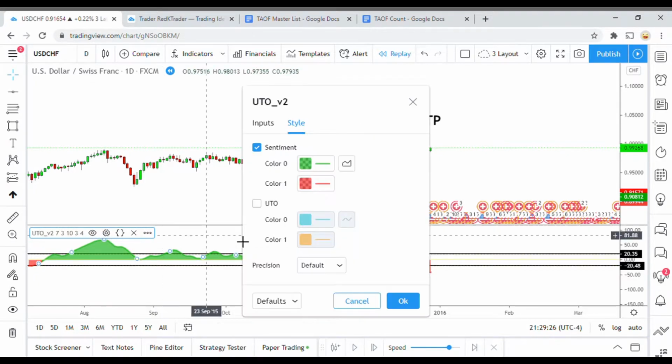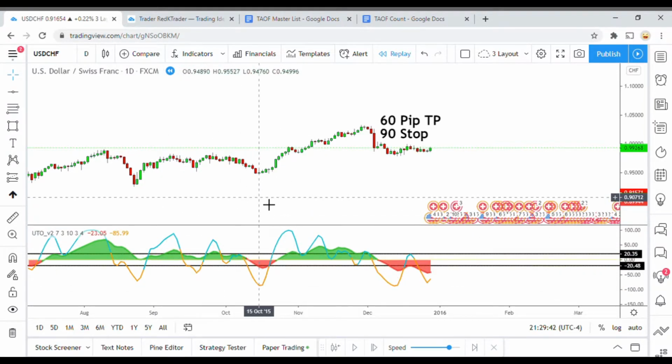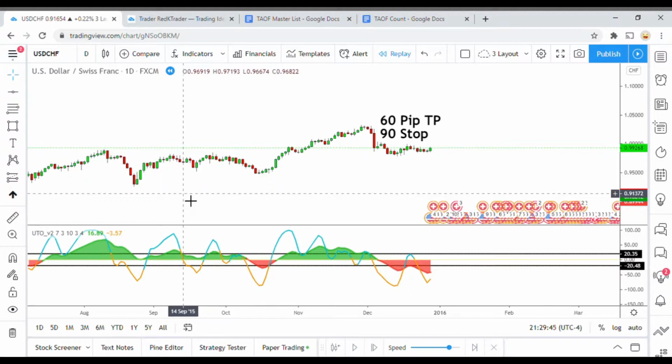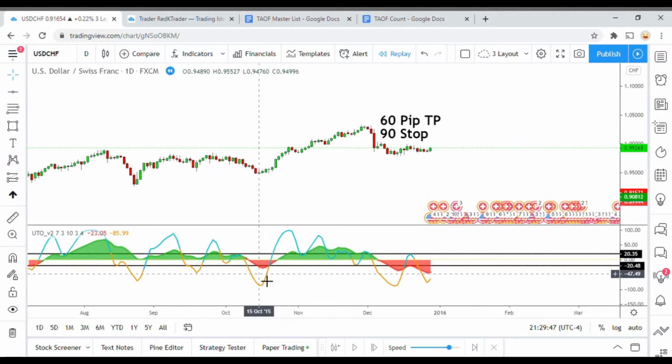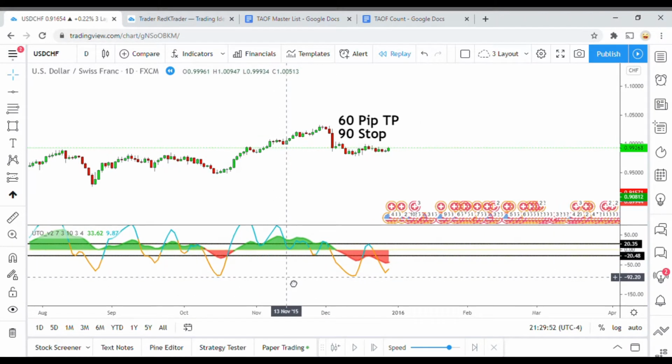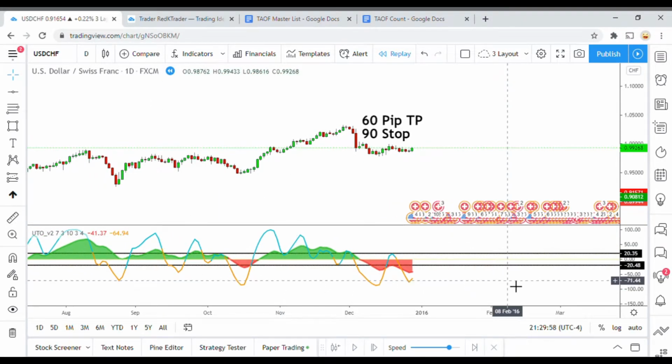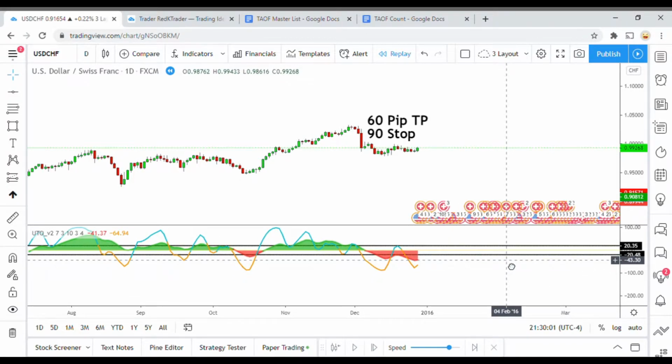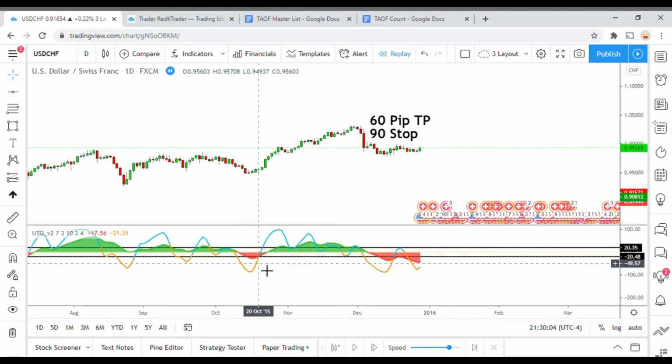Now, obviously, this other line was meant to be used for something. It carries the name of the indicator itself, the Ultimate Trading Oscillator, the UTO. So obviously it is meant to be traded in some fashion with the rest of the system. But once again, I don't really know exactly what the creator had in mind.